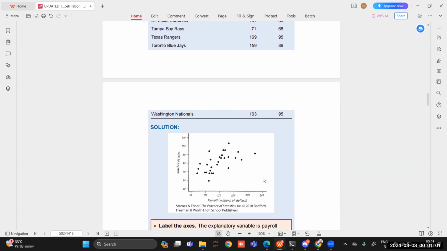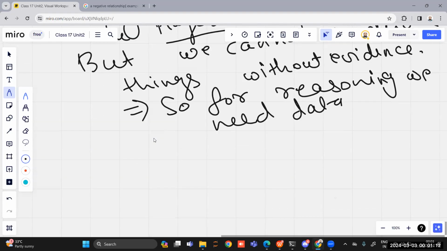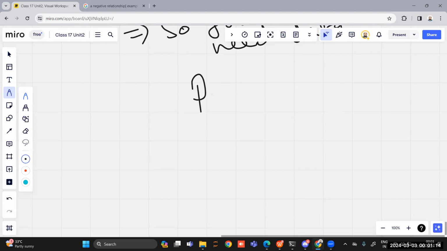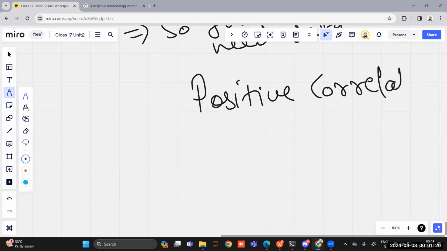So can you see some relationship there? There is a positive correlation. Yes, there is a positive one, but there are two types. We can say positive correlation and negative correlation are also there, and the same thing lies for negative.